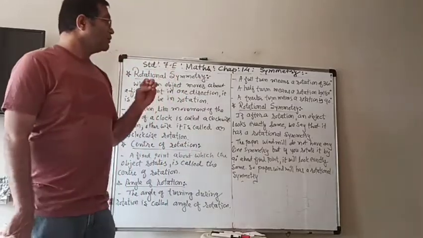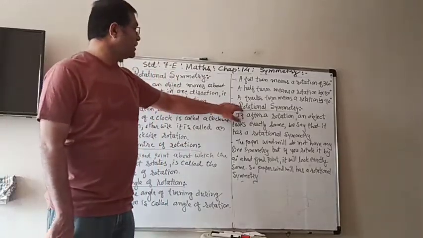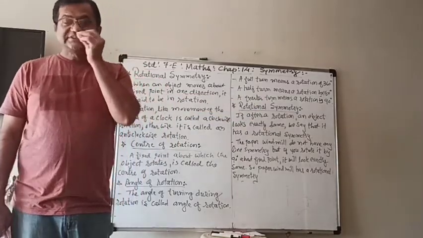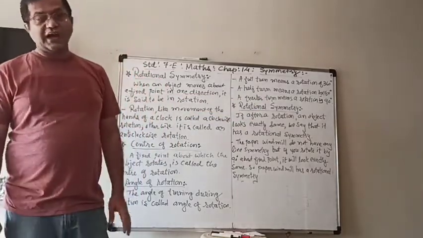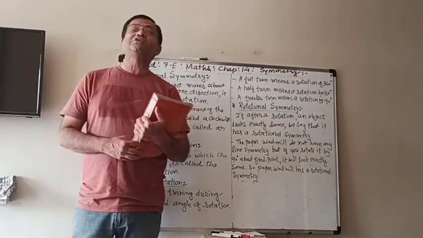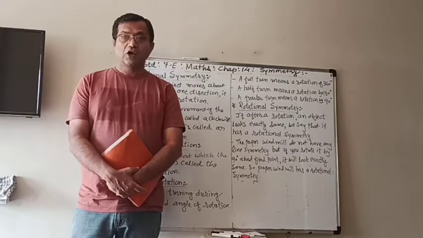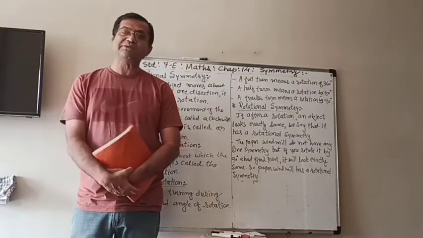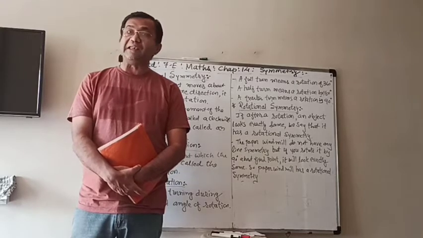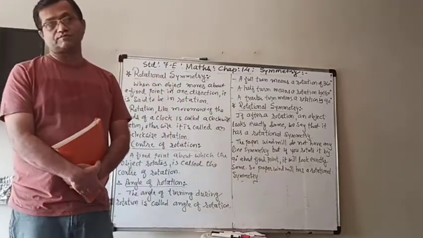So now we have to talk about the main thing, that is rotational symmetry. Some objects are such that they do not look symmetrical, or sometimes they do look symmetrical but they don't have any line of symmetry.